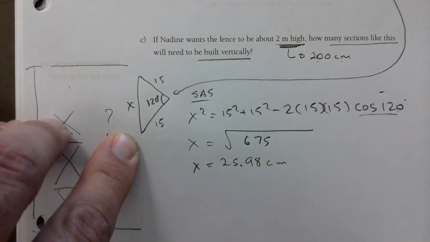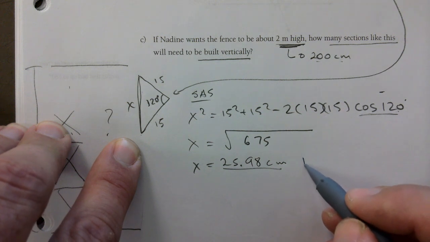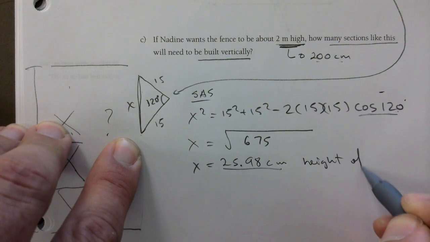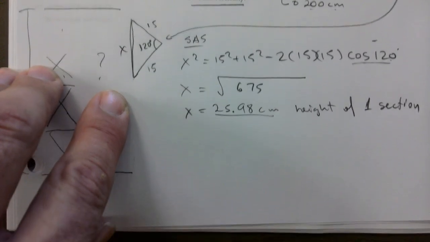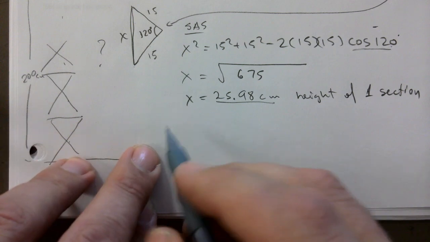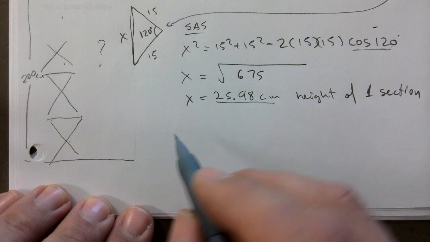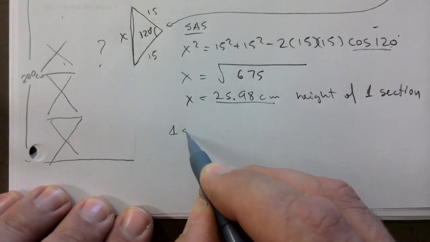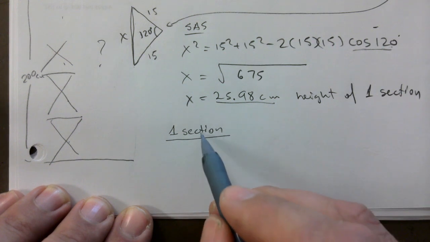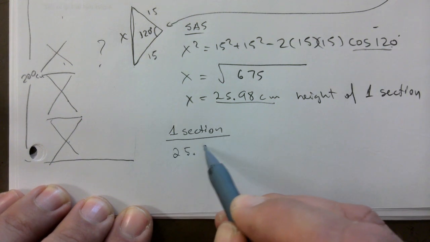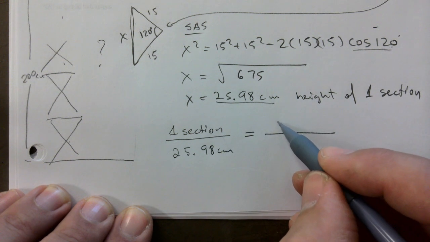So we know that one of these sections across is this tall. Height of one section. So then we have to say this. Are you ready for this? This is your proportional reasoning. If you can apply this to life, you can solve a lot of problems. If one section is 25.98 centimeters, I know I did it differently on my key.